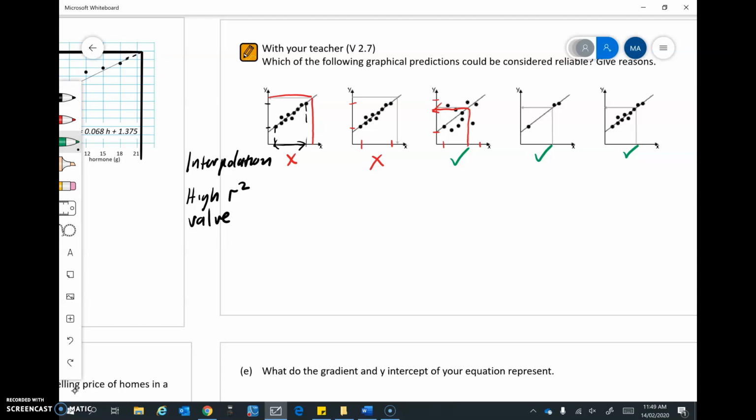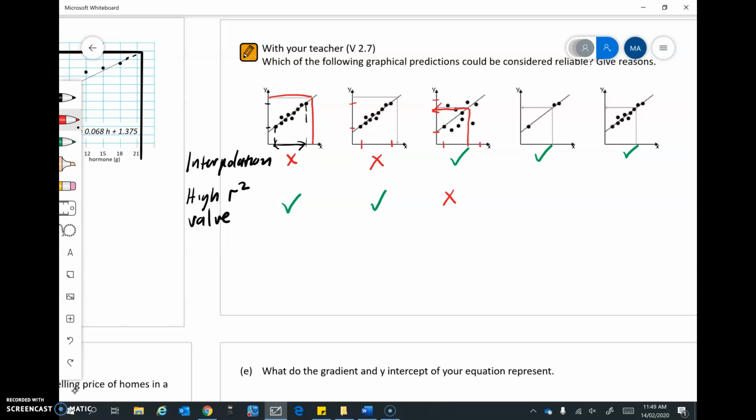We see the data points in this first graph follow the line quite well. So I think we do have a high correlation there, and therefore a high R squared value. Same with this one. This one, correlation is not so good. The data points are not lying very close to the line of best fit, so I'd be thinking that the R squared value is probably a bit lower on that one.